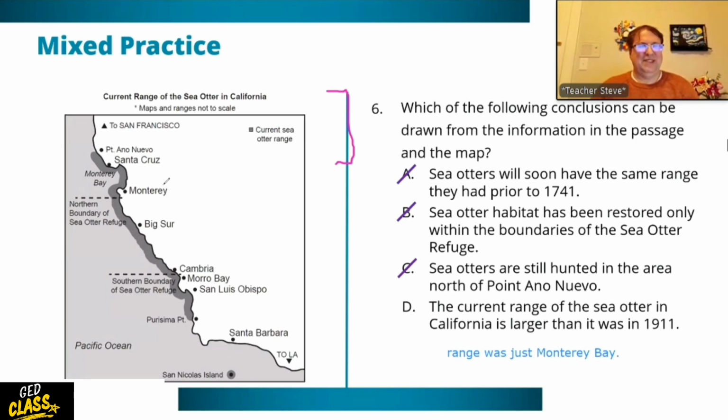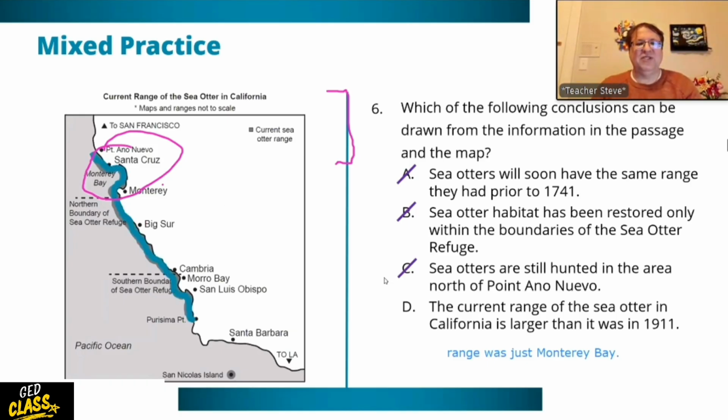Yeah, Monterey Bay is up here. The refuge is below it, south of it, going all the way down past San Luis Obispo, almost to Santa Barbara. But yeah, the current range is definitely larger than it was in 1911.